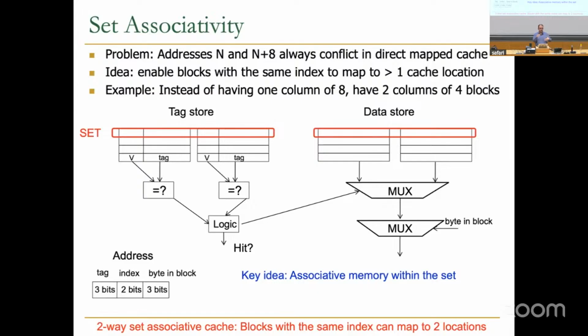In order to find your data, you need to search through that set and compare the address stored in that entry with the address that you are looking for. That's called CAM, or content addressable memory. Essentially, in a set-associative cache, you need to do that search within each set, finding your tag if it is stored there. Any question?